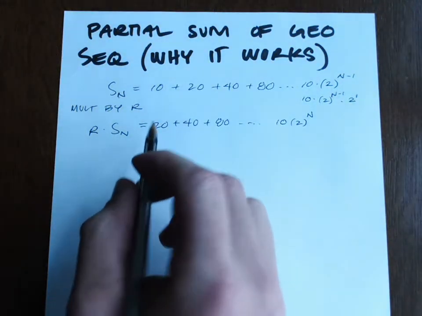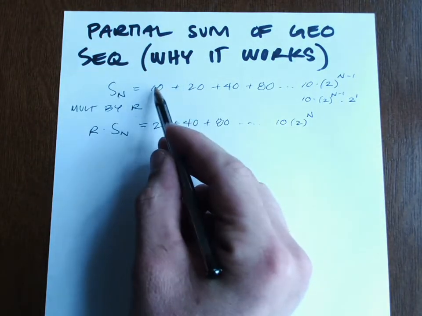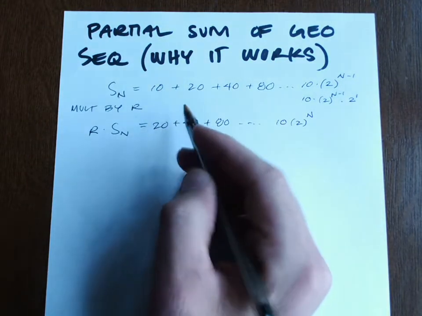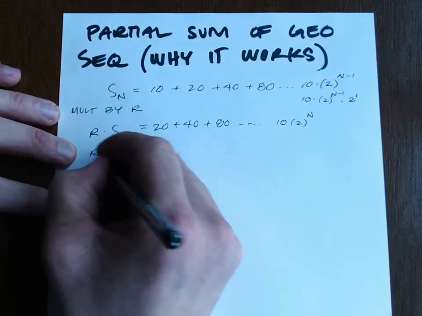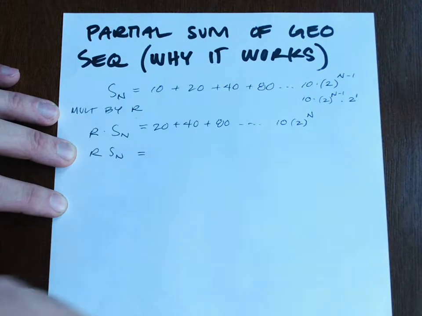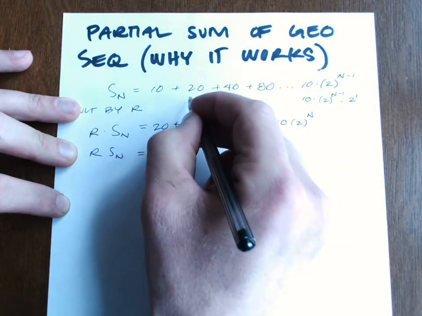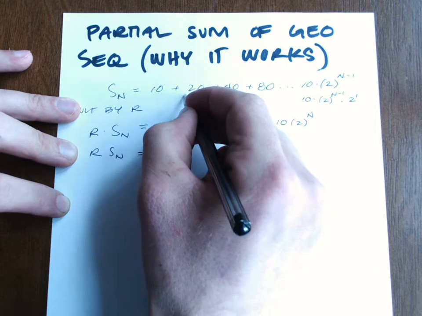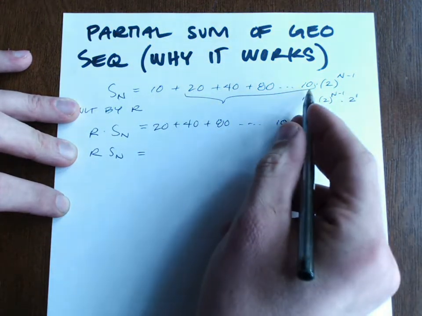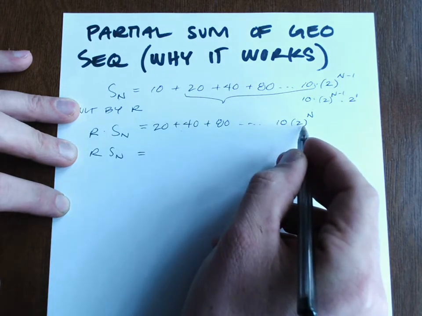So let's take a moment here and notice what happened: the 10 disappeared from the problem. We can say we lost u1, but the rest of it is the same. We still have all these pieces, and this is a new piece.